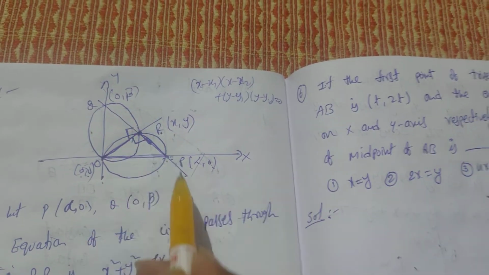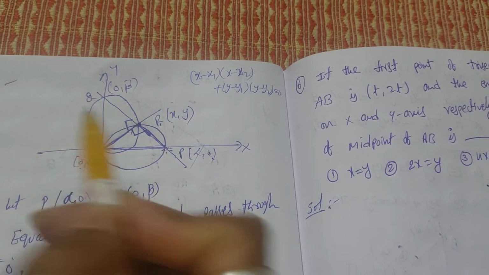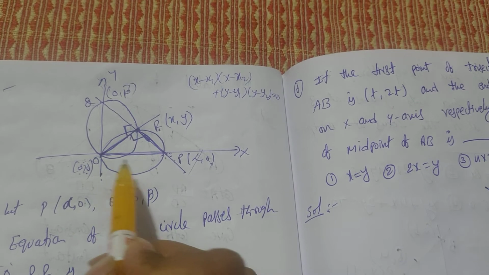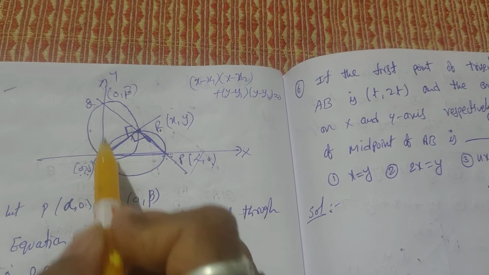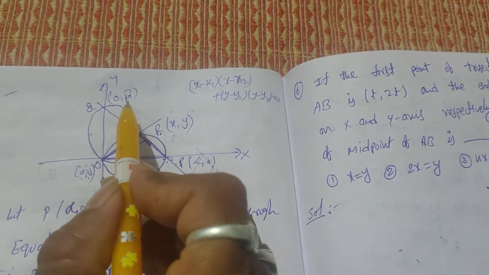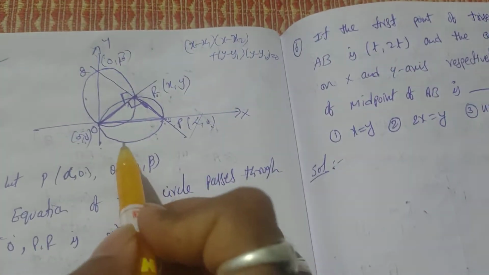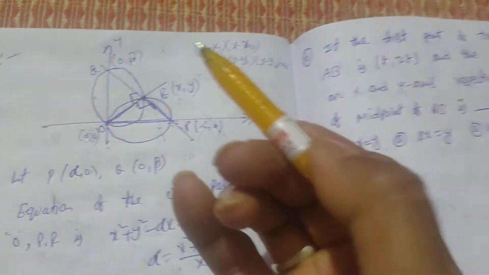I am not taking x comma 0 and 0 comma y because the locus point I am taking as x comma y. That's why I took P as alpha comma 0, Q as 0 comma beta. These two are the two points on the x and y axis. Given condition is modulus of OP. If you take P as alpha comma 0, then modulus of OP is nothing but modulus of alpha. This distance is alpha. So O to Q, Q is 0 comma beta, then OQ is equal to beta. Then the given condition is modulus of alpha plus modulus of beta is equal to A.